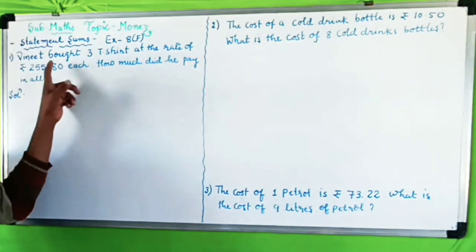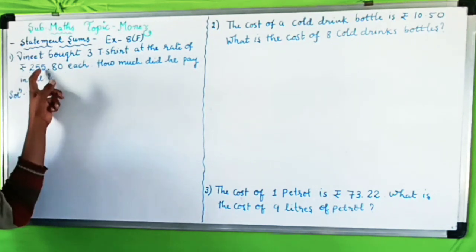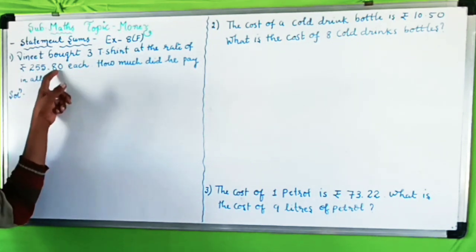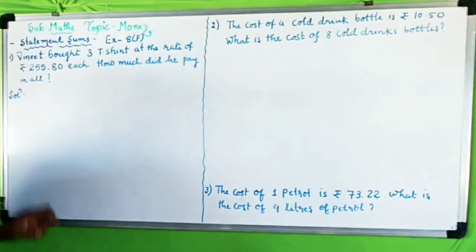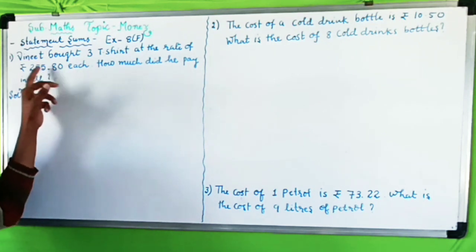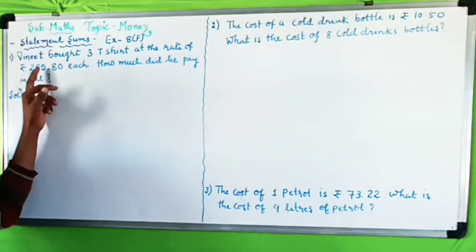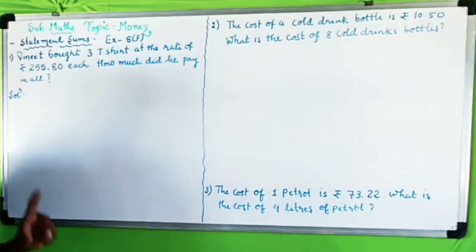Vineet bought 3 t-shirts at the rate of rupees 255.80 each, means 255 rupees and 80 paise. Each means 1 t-shirt.